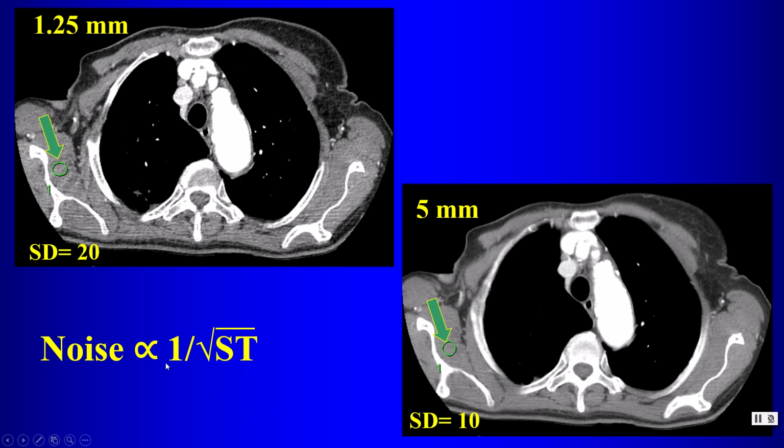Remember, we said that the noise is proportional to 1 over the square root of the slice thickness. So here, where this slice is 4 times the thickness of the thin slice, the noise would be about half of the noise in the thinner slice, and that's exactly what we get here.